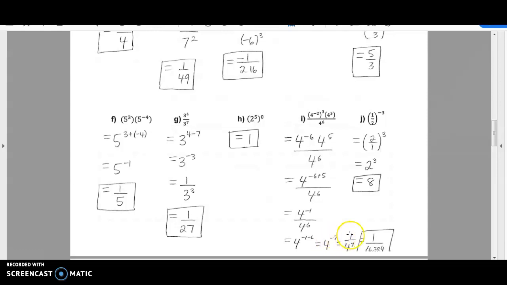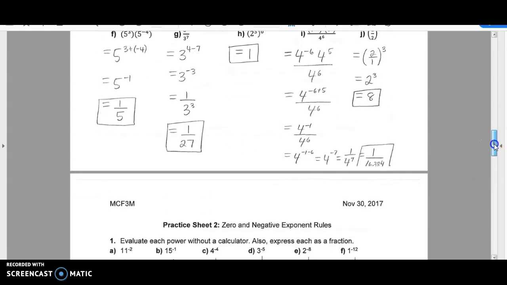So 4 becomes 1 over 4, and once we flip the base, that negative 7 becomes positive 7. Your last step, which you'd do in your calculator, is 4 to the power of 7. So our final answer is 1 over 16,384.